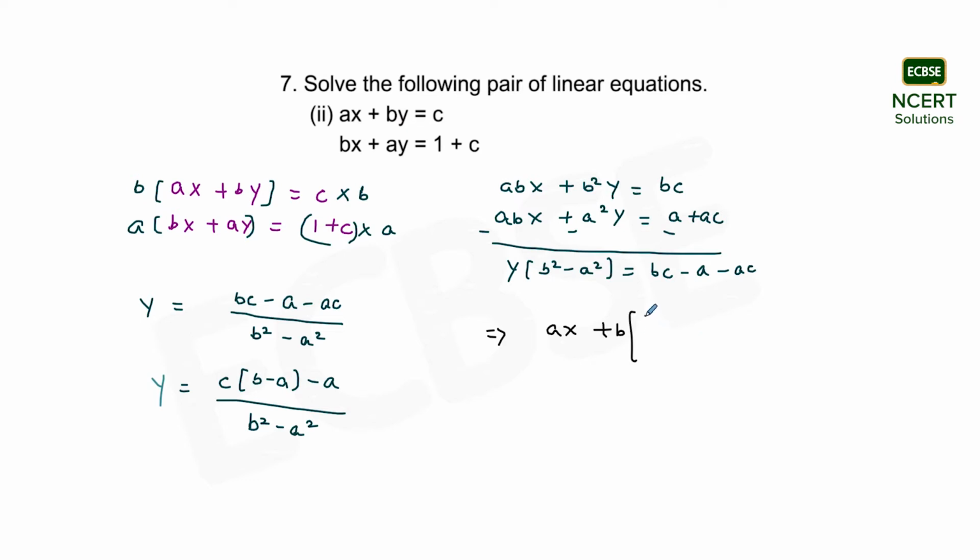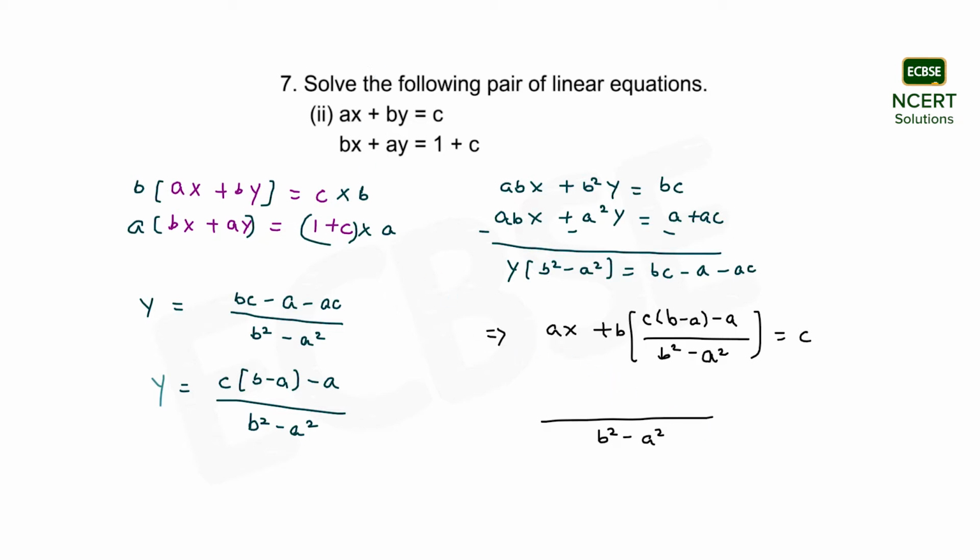So here it will be c times b minus a, divided by b square minus a square, is equal to c. This is the equation obtained, right? Now what I'll be doing next is taking the LCM on the left hand side. Taking the LCM of the denominator, it will be b square minus a square.